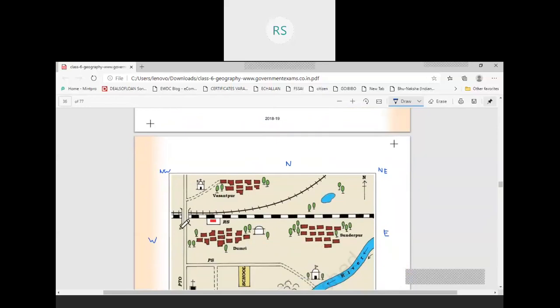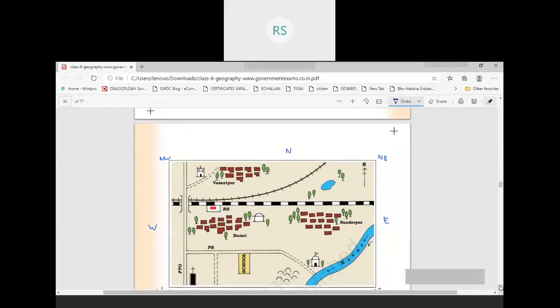This symbol is indicating the bridge because railway line is there, railway station is there, and bridge is there for people to commute. Okay, then we see that mosque is also there. This is the symbol of mosque. Then chhatri is also there, and temple is also there.